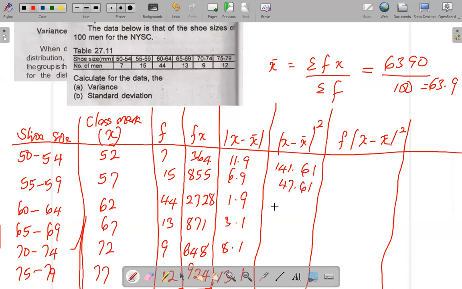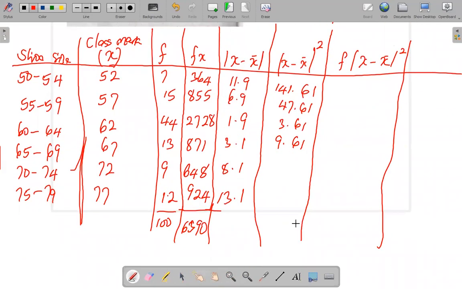Then 1.9 squared is 3.61. 3.1 squared is 9.61. 8.1 squared is 65.61. Finally, 13.1 squared is 171.61.